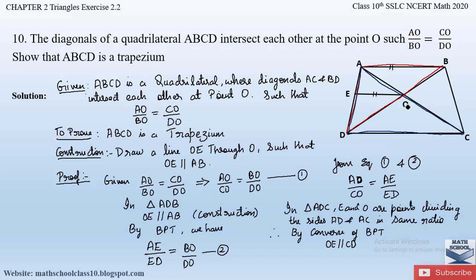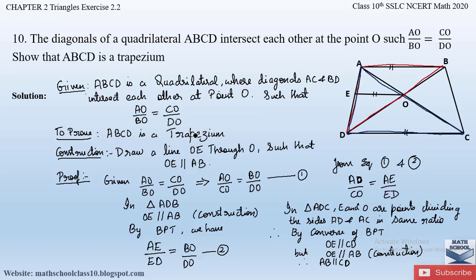Now from the construction, we are also saying that OE is parallel to AB. So write down: but OE is parallel to AB from construction. If OE is parallel to CD and OE is parallel to AB, therefore we can say that CD is parallel to AB, or AB is parallel to CD. So that is what we had to prove.